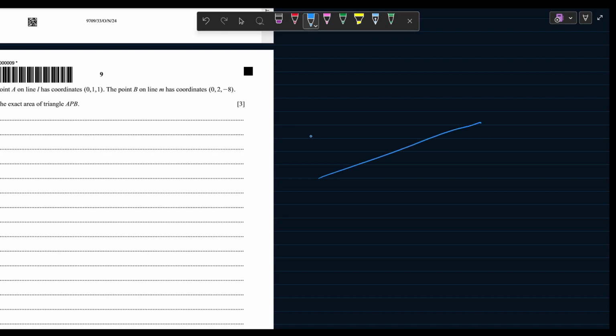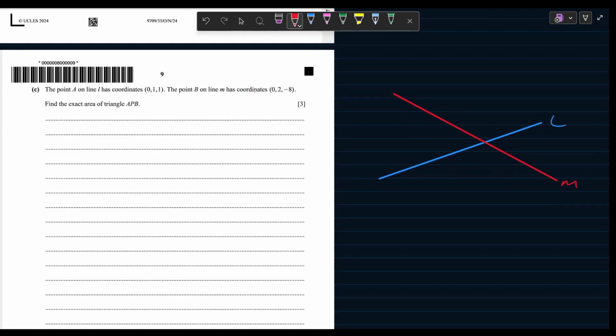We've got a line L, and we've also got a line M, and we know that these two lines intersect. The point of intersection, by the way, is P. And we've got the point A, which I would say is somewhere here.